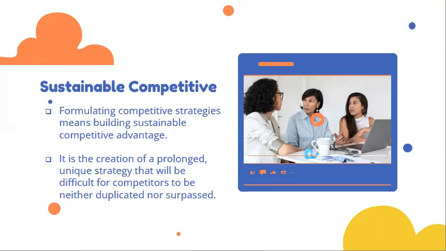So formulating competitive strategies means building sustainable competitive advantage. It is the creation of a prolonged, unique strategy that will be difficult for competitors to be neither duplicated or surpassed. So business strategy stretching is doing the best possible strategy and beyond.